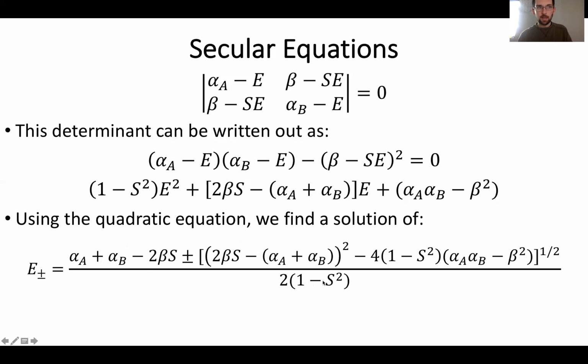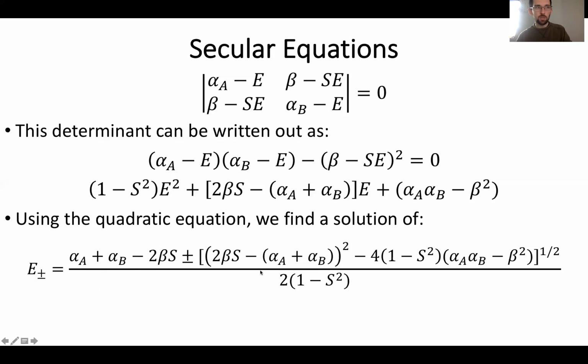So first, you can imagine setting S equal to 0, so just the overlap, out of convenience, setting the overlap equal to 0 just to illustrate a point. That would bring this second term down to 2. And what it would make is that my energy is going to be centered around the average of my two atomic orbitals. Now, this will be shifted a little bit depending on the extent of overlap.